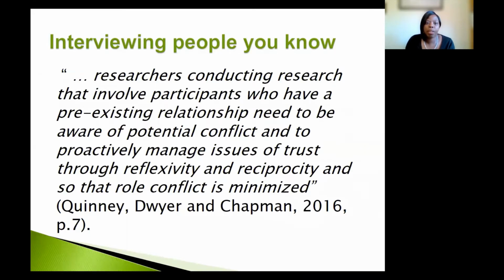So I just want to read this particular quote, and it says, researchers conducting research that involve participants who have a pre-existing relationship need to be aware of potential conflict and to proactively manage issues of trust through reflectivity and reciprocity. Sorry, I can't pronounce that word very well. And so that the role conflict is minimized. And that's important, really.